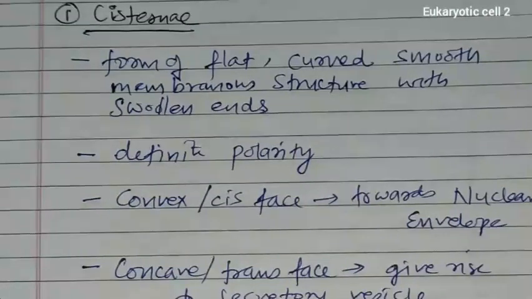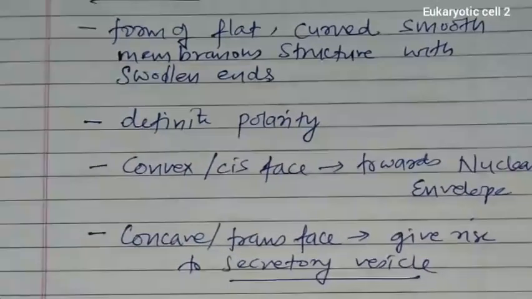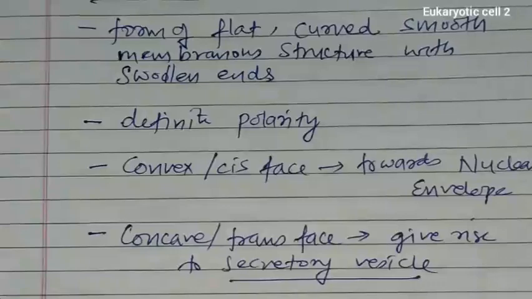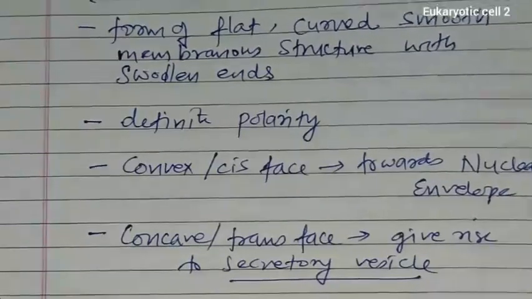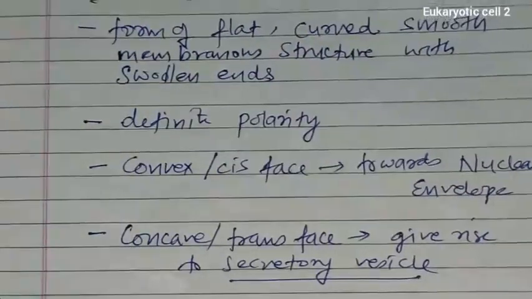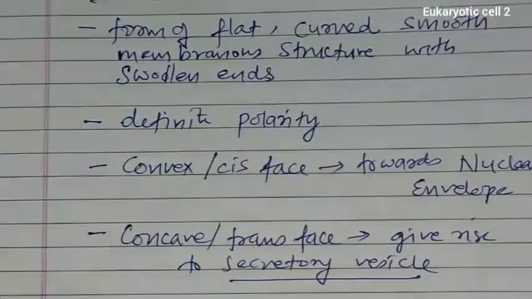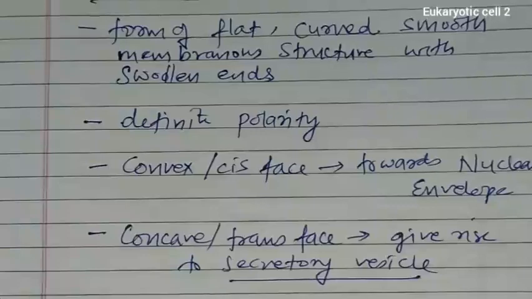Okay, so these are the points with respect to cisternae. The vesicles which are produced by the Golgi complex will be termed as secretory vesicles.